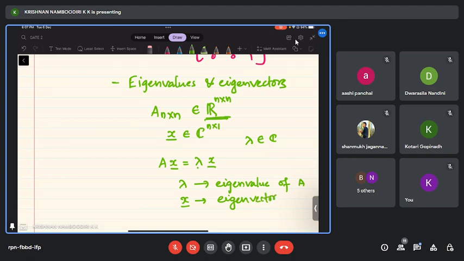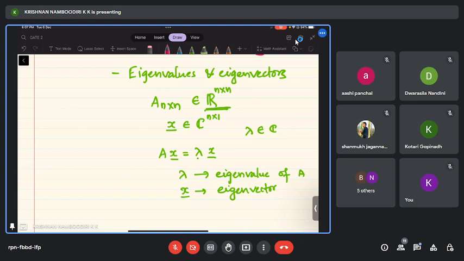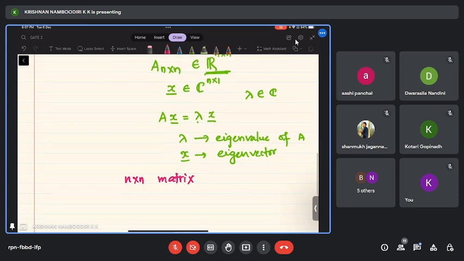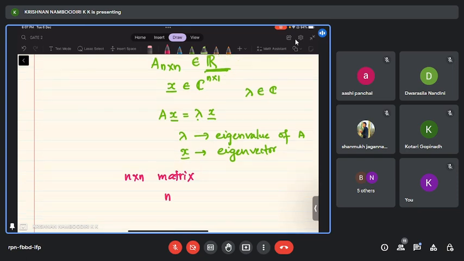Now I will state a fact. For an n cross n matrix, we can find n eigenvalues. There will be n eigenvalues for an n cross n matrix.